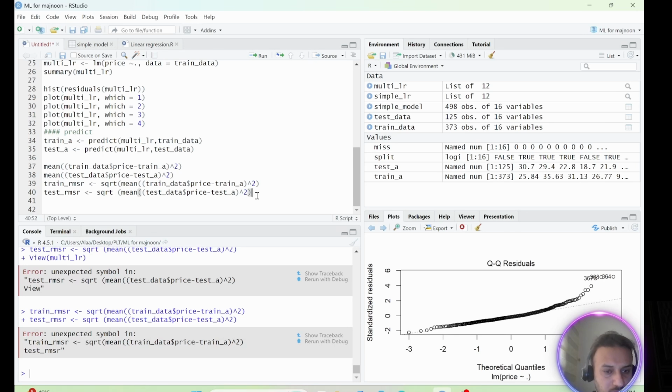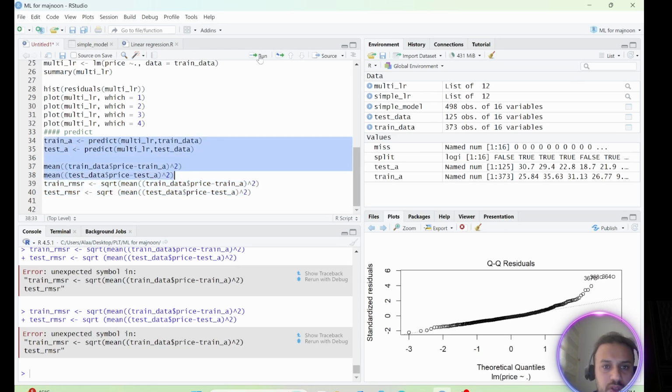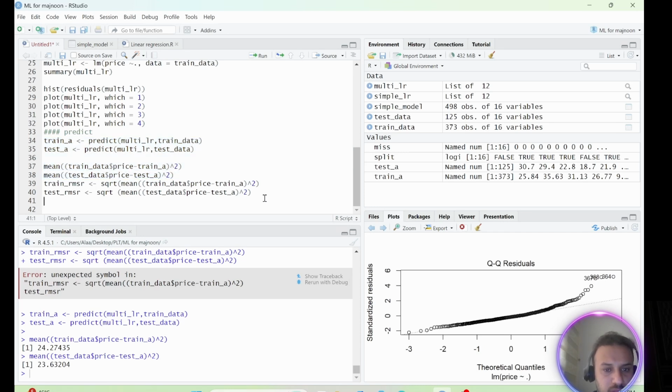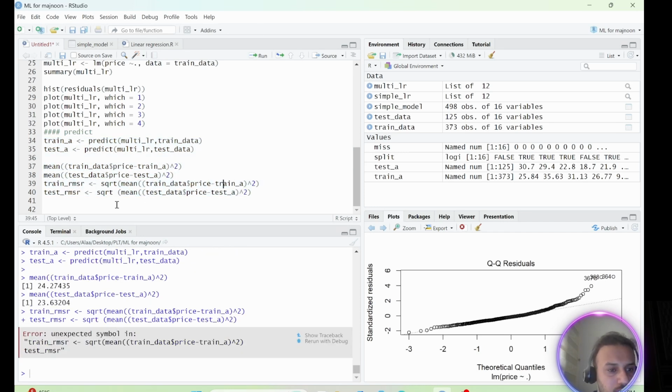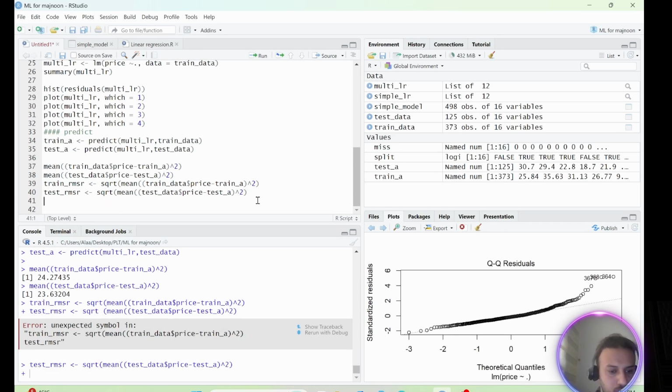Still we get the error, and we have a problem with this one. Run. Okay, maybe I didn't run one of these. Let's run them together. Okay, and then we run this one together.